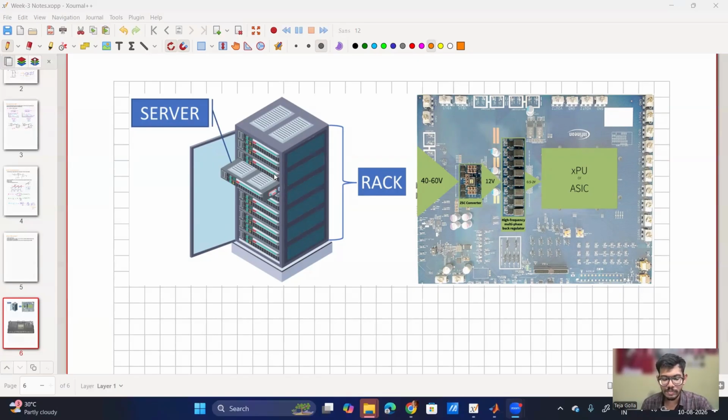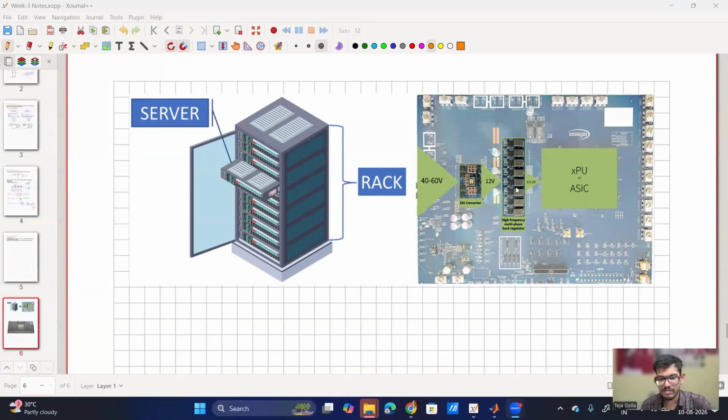Whatever prompts you give to ChatGPT or Claude or Gemini, it has to process somewhere, so it processes it in the data center. The data center has several such vertical cupboard-type things, and in each cupboard we'll have multiple racks. This is one rack, not exactly, but something similar.